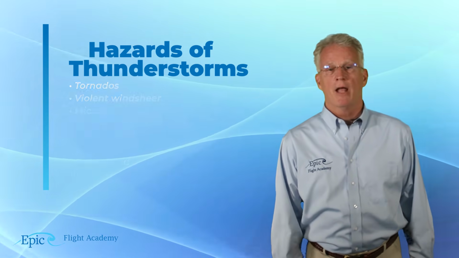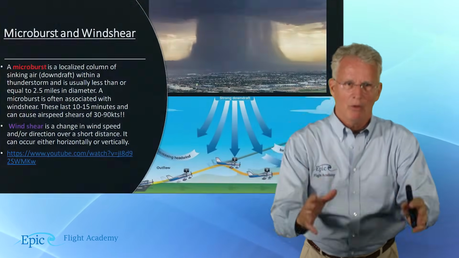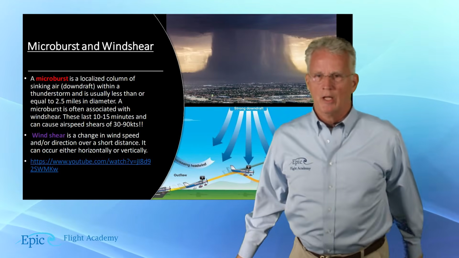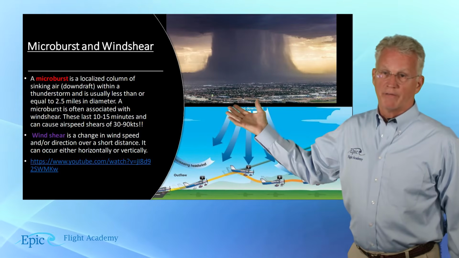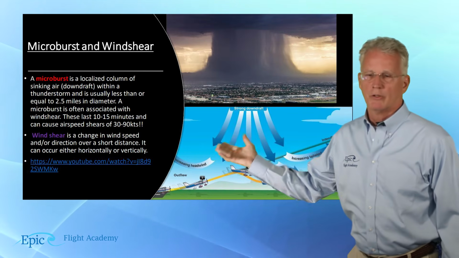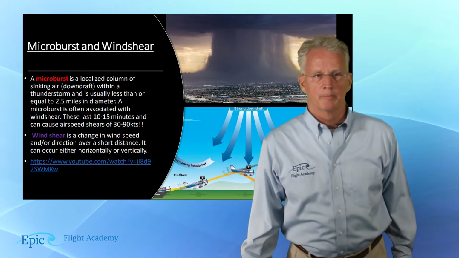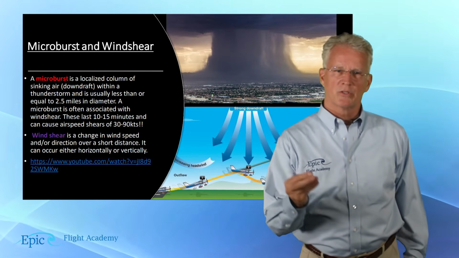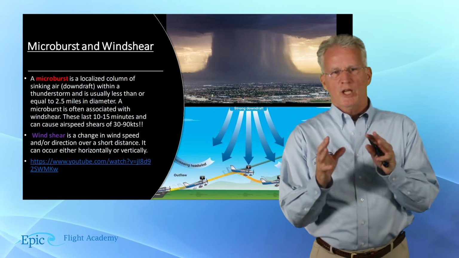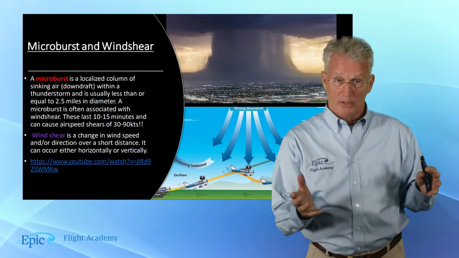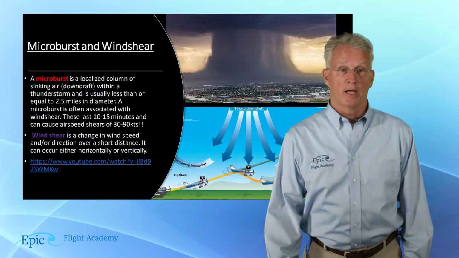Now, a microburst is a localized column of sinking air, or a localized downdraft. You can see a nice photograph of a severe microburst here in this picture from the FAA. This localized column of sinking air within a thunderstorm is usually less than or approximately 2.5 miles in diameter.